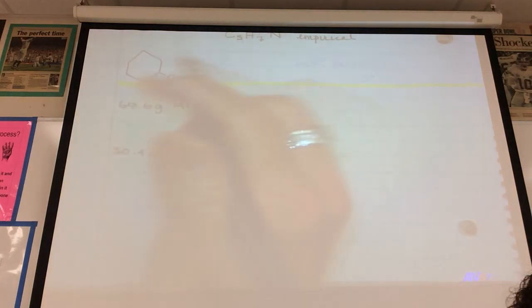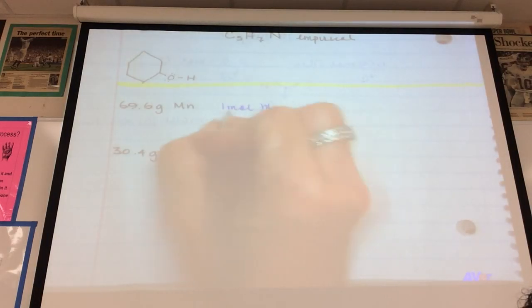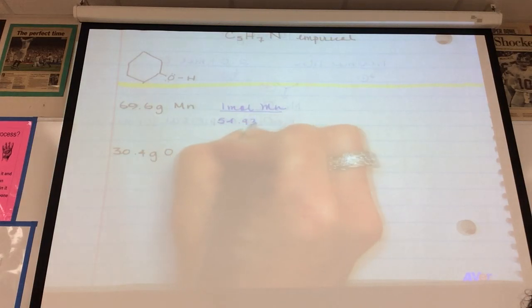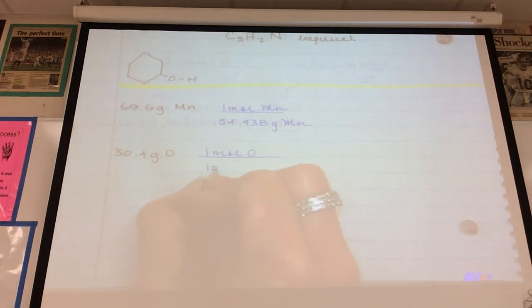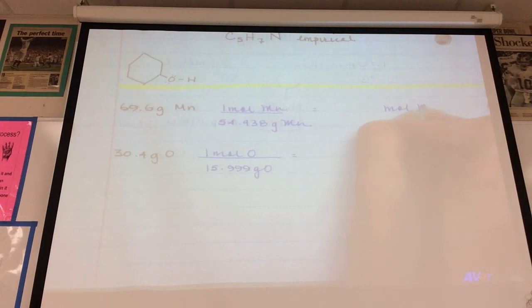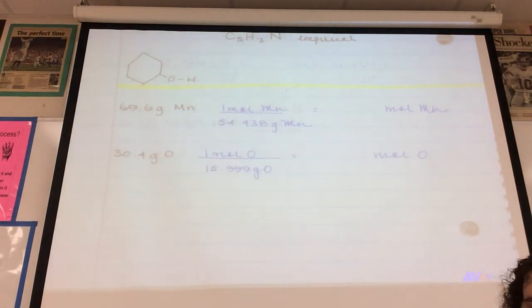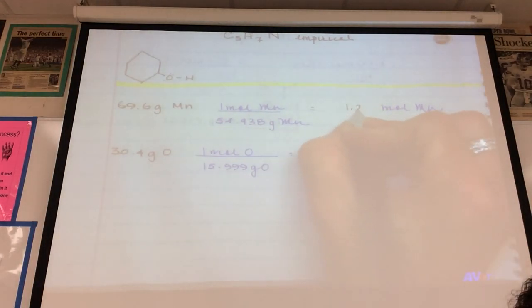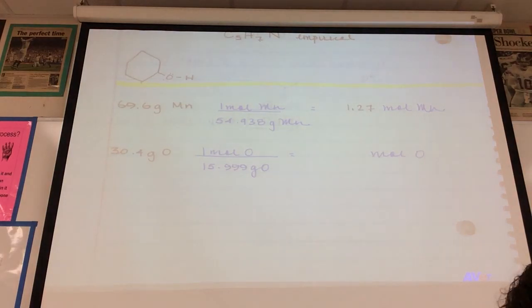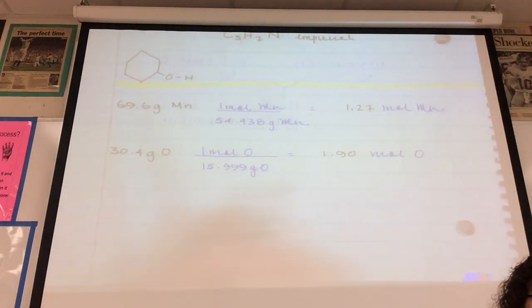And you process this the same way we did with the first problem. 1 mole of manganese, 54.938 grams of manganese, 1 mole of oxygen, 15.999 grams of oxygen, and that's 1.27 moles of manganese, and that's 1.90 moles of oxygen.